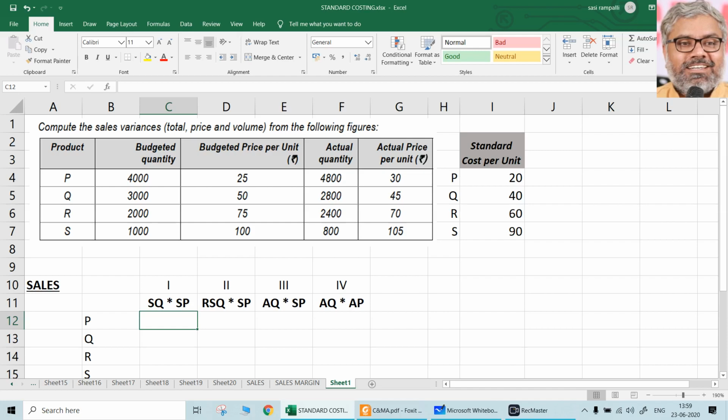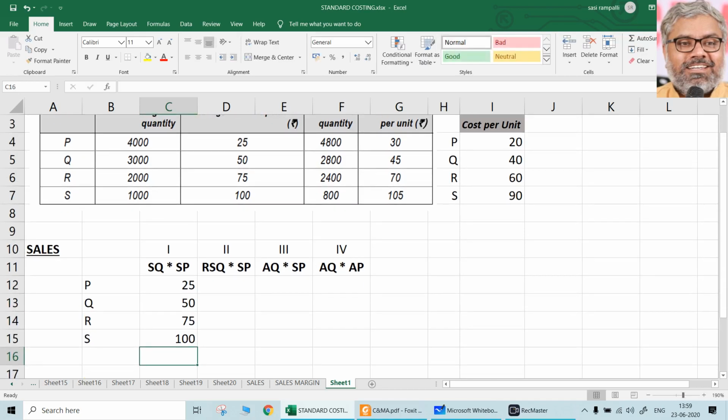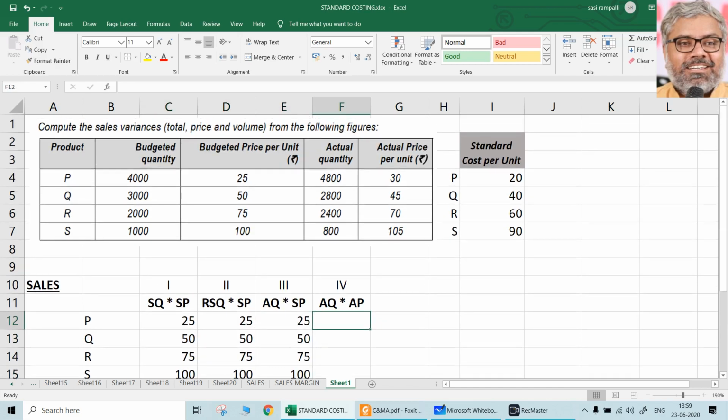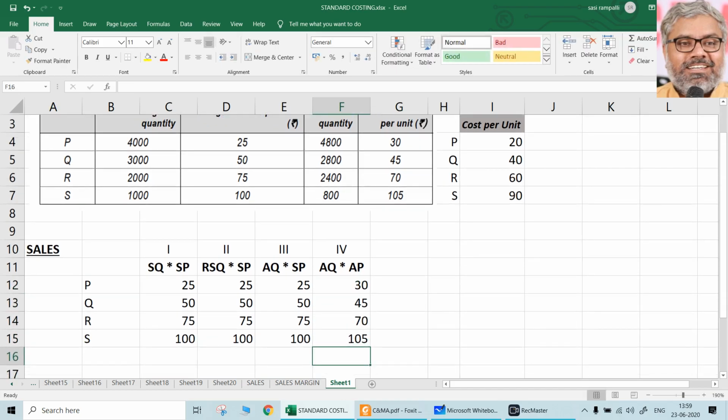It is given already: 25, 50, 75 and 100. Wherever SP is there, this can be just copied. Then AP, actual price. Really we were able to sell at 30, 45, 70 and 105. This is AP.